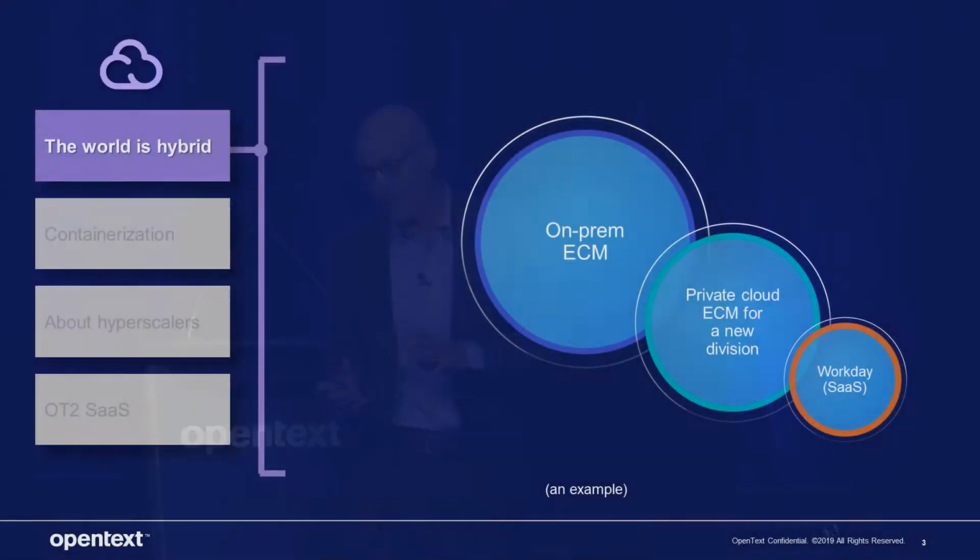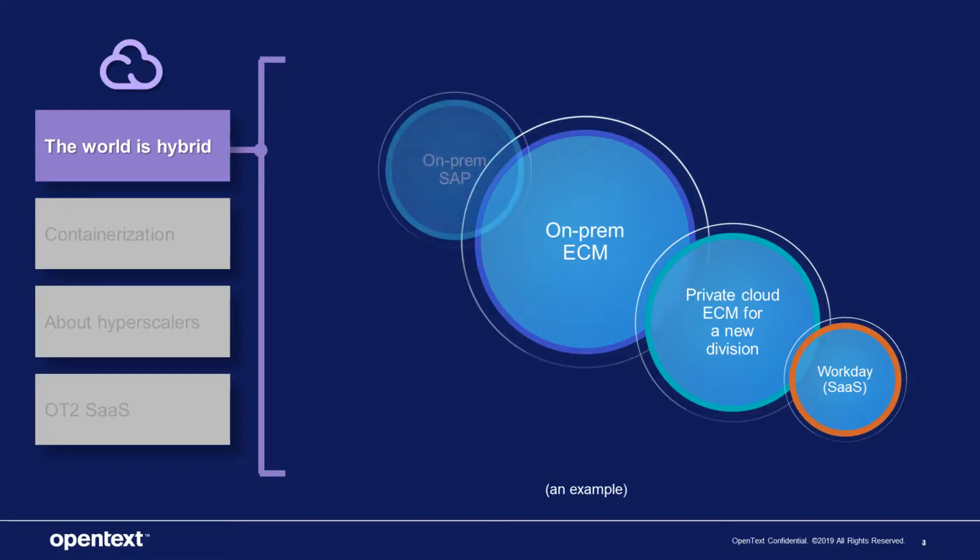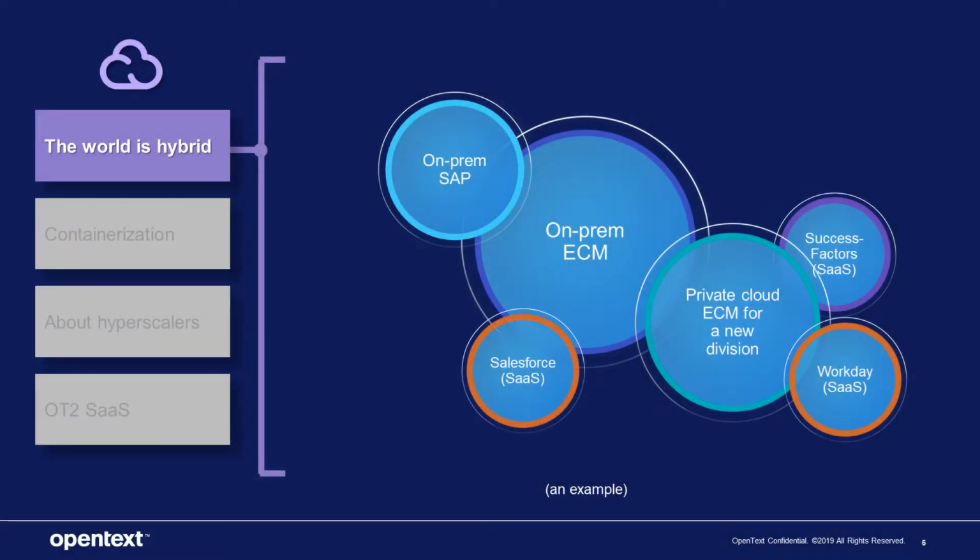That group might actually have a Workday SaaS solution that they use. That other user base might have on-prem SAP because they haven't gotten around to the cloud version of their ERP solution. You see where this is going, right? You might have SAP SuccessFactors over there. We might have Salesforce on that user interface in that base.